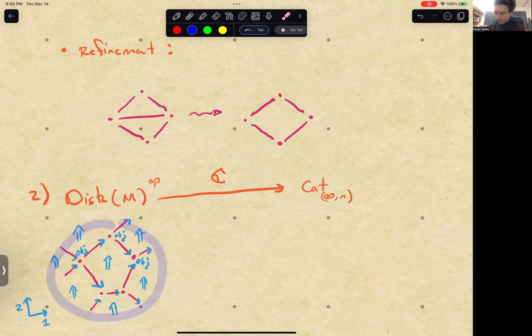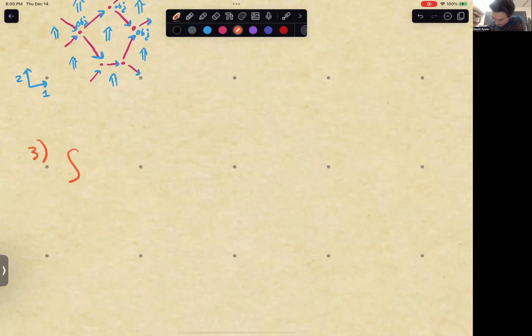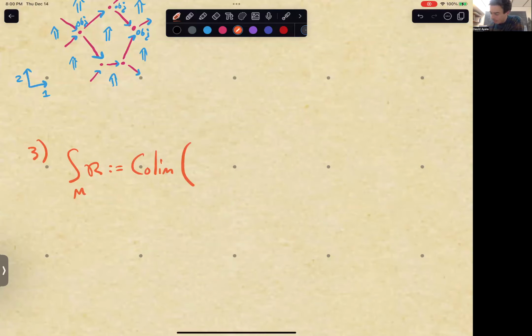Now, finally, the last part of the definition is the colimit of this composite functor, disk of M. It forgets to infinity n categories, or it maps there by that map from point 2, just above, to the op.